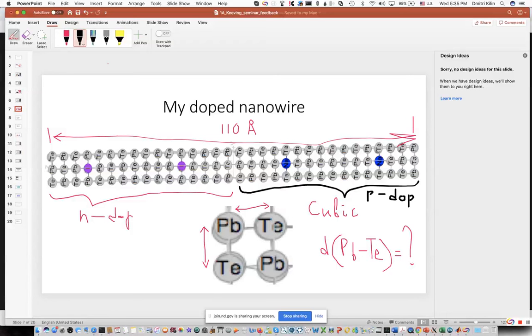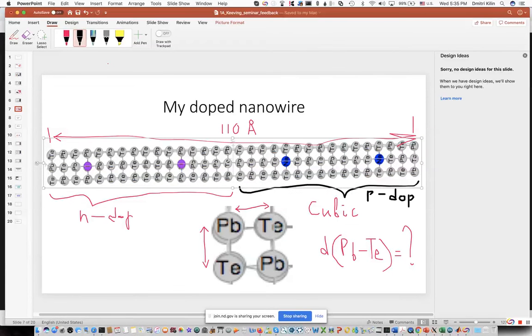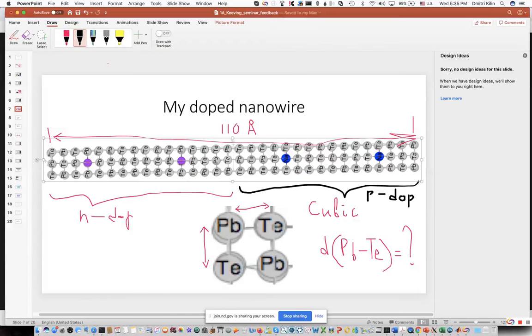Okay. And also in the slide that you have sent, the aspect ratio was changed, and this makes a deceptive impression that the lattice structure is not cubic. So one needs to keep the relative proportion of the bonds and tell that in both y and z direction, the distance between nearest atoms is the same.